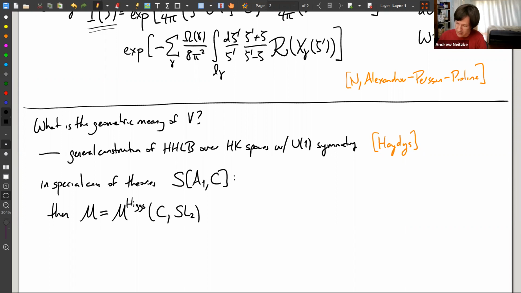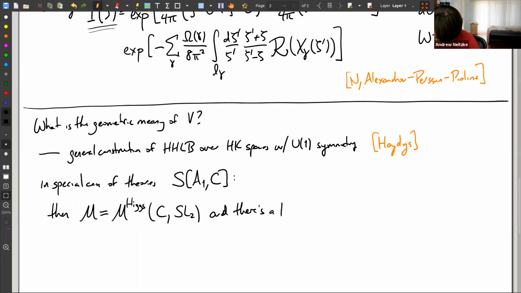And there's a nice geometric interpretation of the hyperholomorphic line bundle over that space. So there's a known, in fact, I think it's known to be equal to the one constructed by Hades.